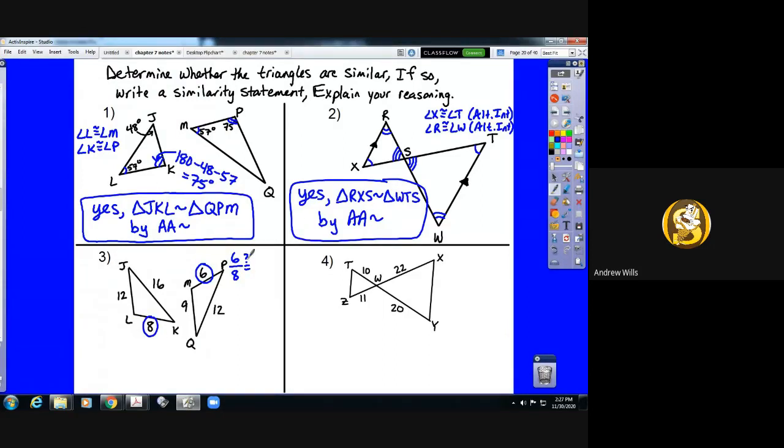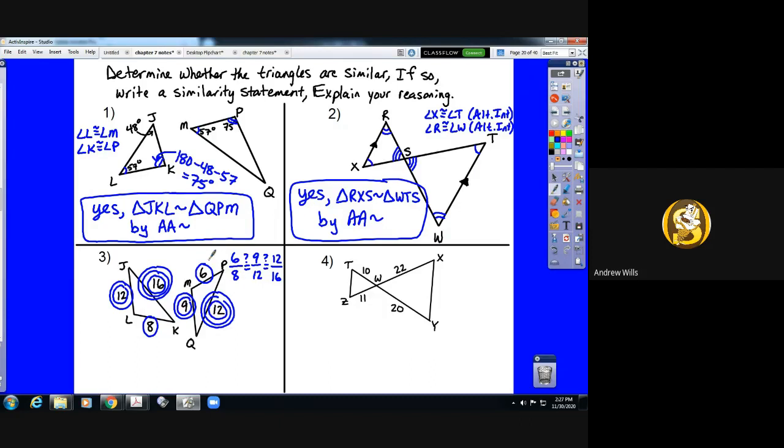Does that equal? The middle length here is 9. The middle length here is 12. 9 over 12. Is that equal to the biggest length, 12, to the biggest length, 16? And all we have to do is confirm that those 3 fractions are in fact equal.